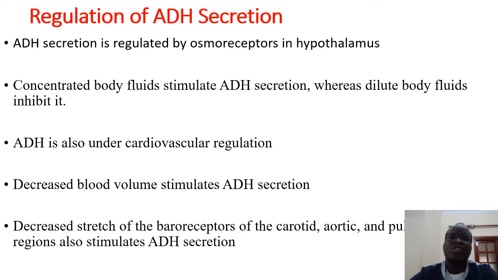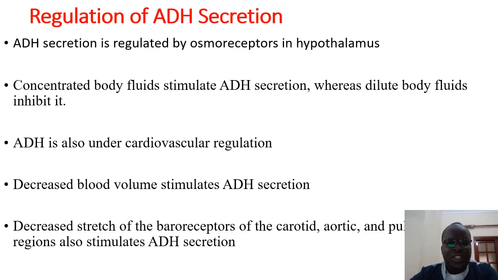These osmoreceptors are sensitive to the osmolality of the extracellular fluid compartment. So if the extracellular fluid compartment is becoming hyperosmolar, then these osmoreceptors are going to respond by triggering action potentials in those neurons in the paraventricular nucleus and supraoptic nucleus.